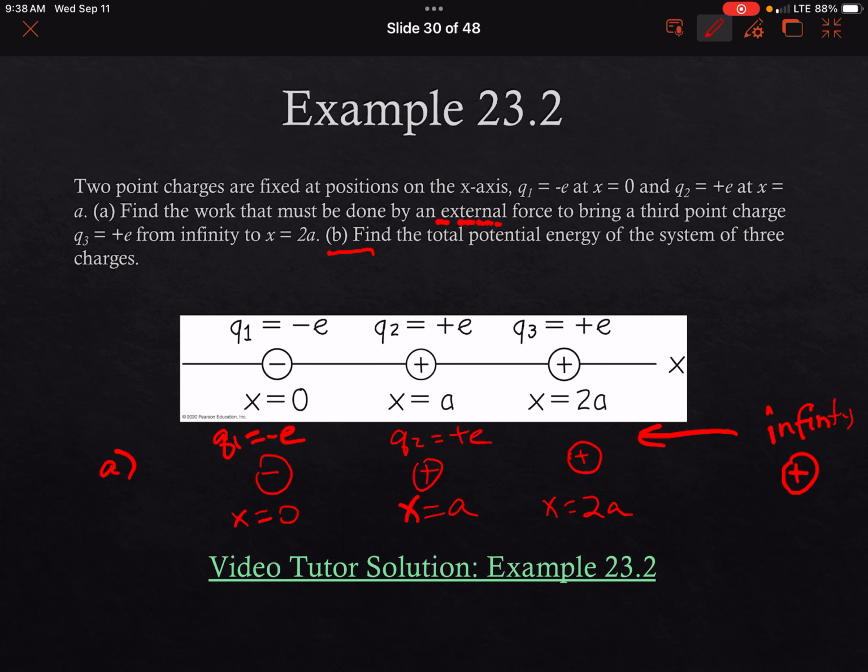So we need to find the work required to physically move Q3 from infinity, where it doesn't feel any of the other 2-point charges, to x equals 2a, where it's going to start to feel the effects of the other 2-point charges. And then part B is, here's that final arrangement. What's the total potential energy?